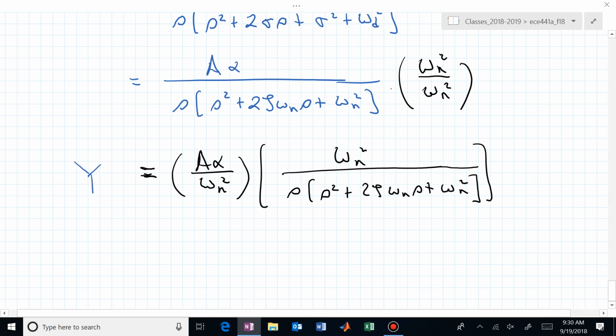This was my actual output response Laplace transform. But now I've written it with A as a known constant. That's how hard I kick the system, my input amplitude. Alpha is the gain of my transfer function G in the numerator. That's alpha over omega sub n squared. Those are just numbers, so A alpha over omega sub n squared is a constant.